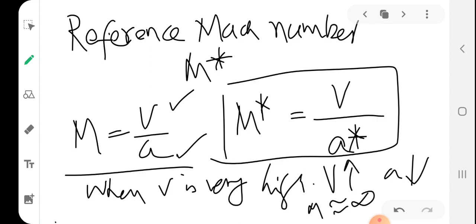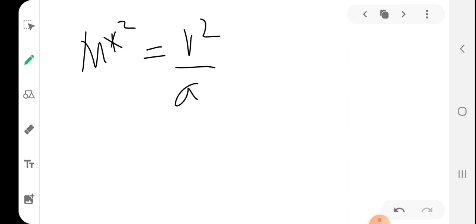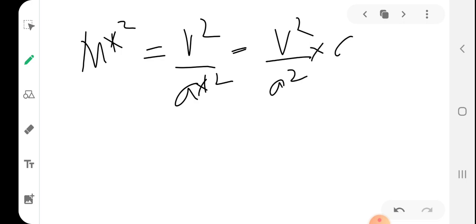Okay. So students, Mach star square equals what? V square by A star square, right? So it can be written as V square by A square into A square by A star square, right?